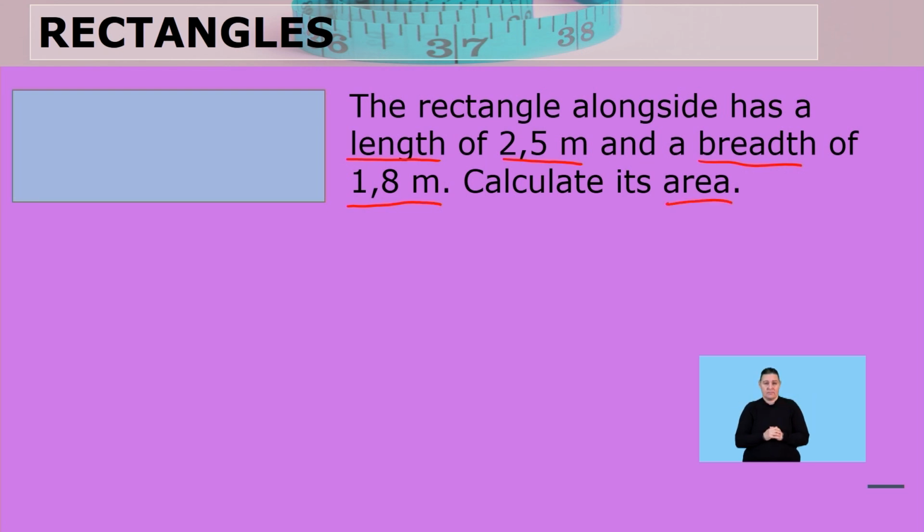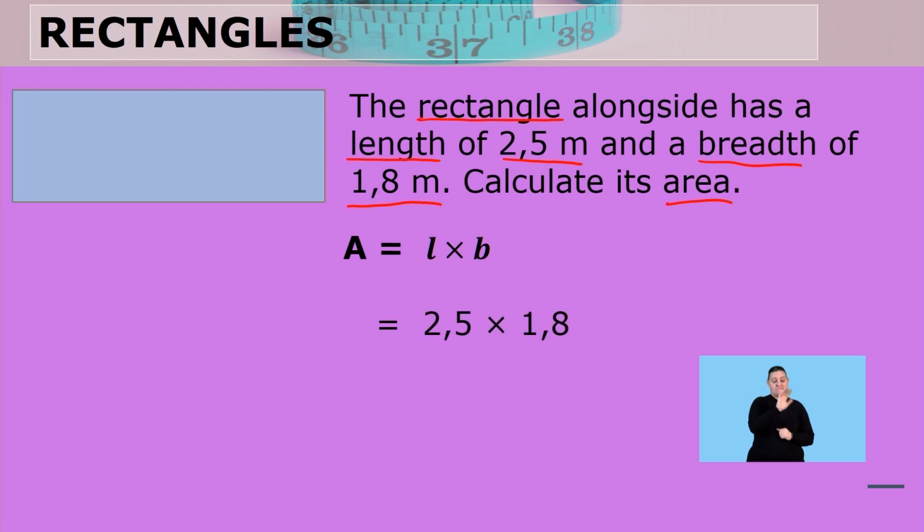We've got a rectangle, so the area formula is length times breadth. In this case, it's going to be the 2.5 for the length and the 1.8 for the breadth. Let the calculator do the work. And we get 4.5 meters, again, that is squared. Nice work. Let's move along.